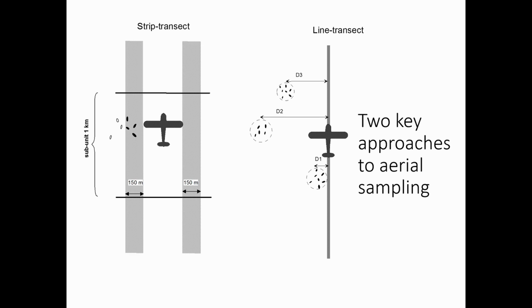Now, a different way to do this, which you will come across particularly in America, is what's called the line transect, where you fly the aircraft along the line and you measure the distance to the groups of animals to left and right.